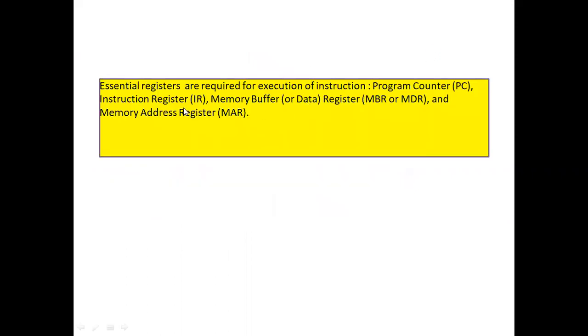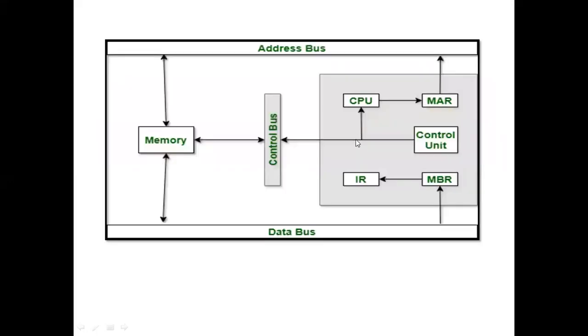As I have said, essential register means without them, the instruction is not going to be executed. So that's why essential registers. You need to just remember these short forms: PC, IR, MBR, or sometimes also MDR, and MAR for these registers.